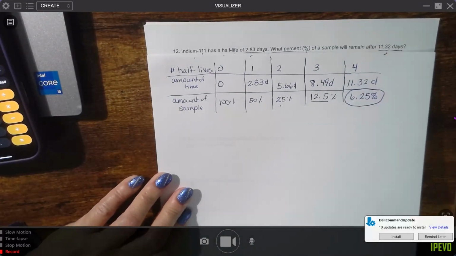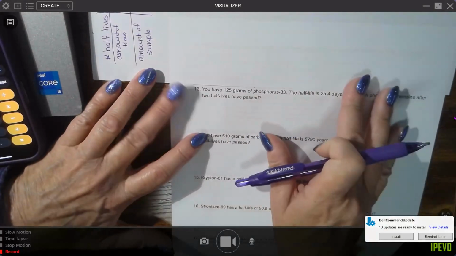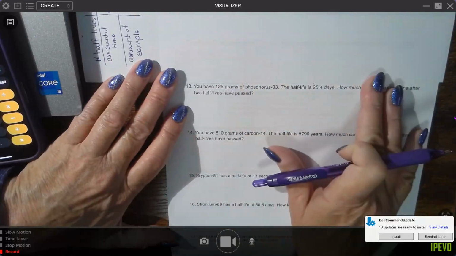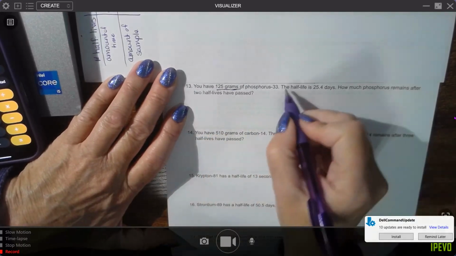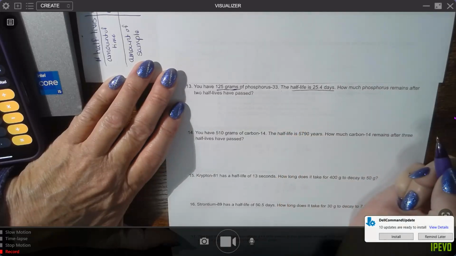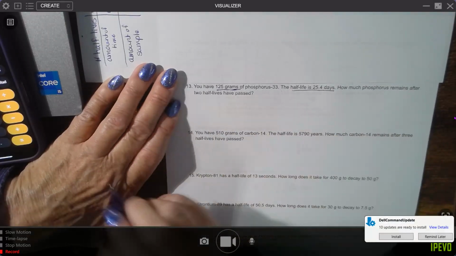So let's look at the next one. The next one says you have 125 grams of phosphorus 33. The half-life is 25.4 days. How much phosphorus remains after 2 half-lives have passed?